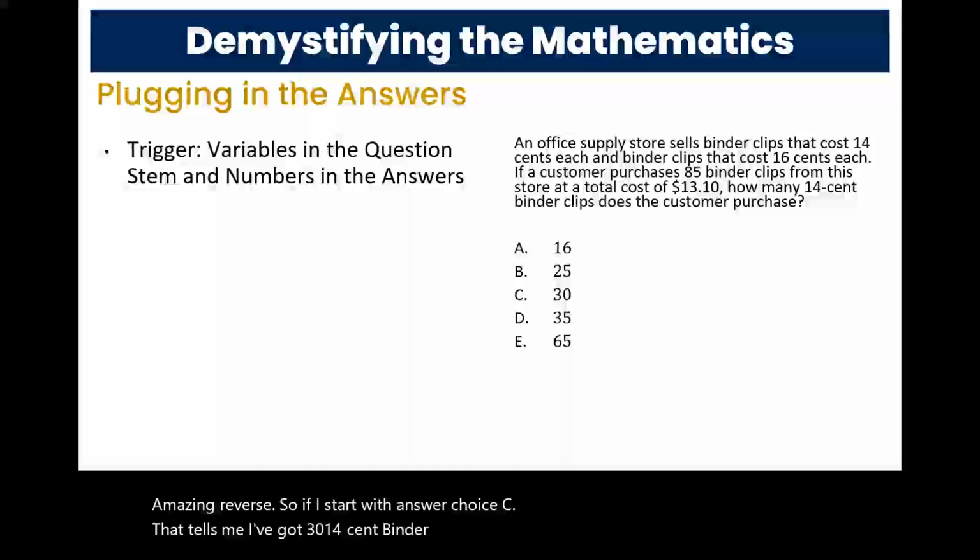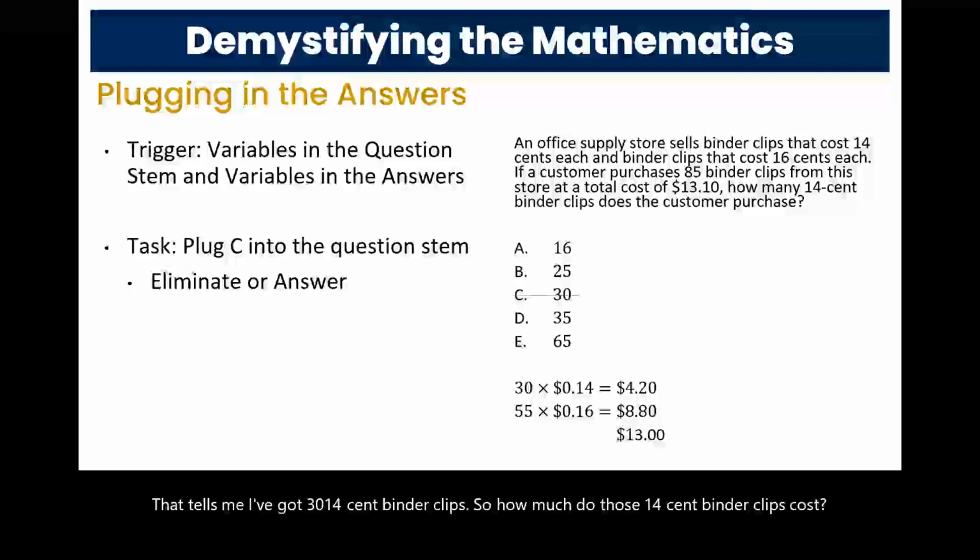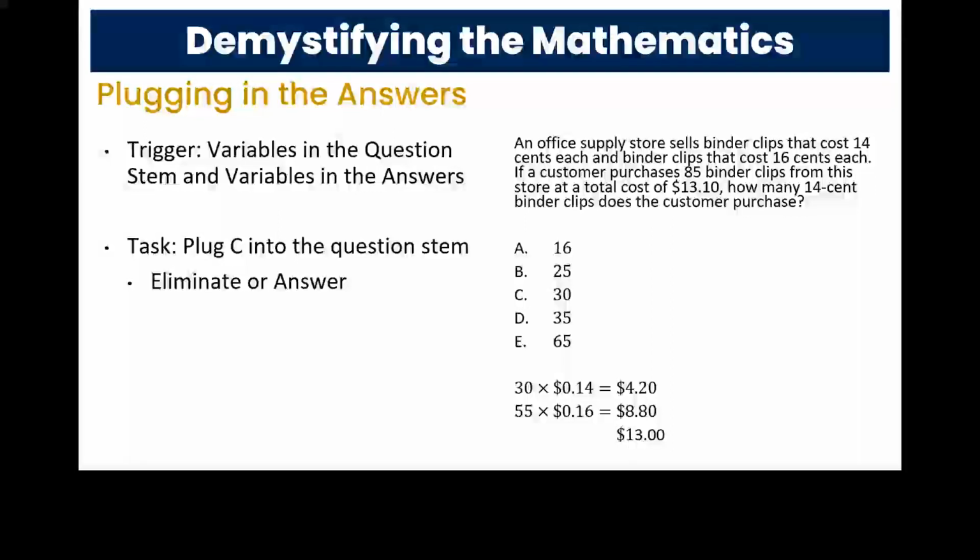So how much do those 14-cent binder clips cost? How much does 30 14-cent binder clips cost? $4.20. Where does that 55 come from?